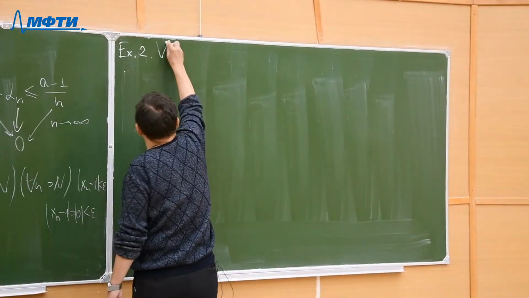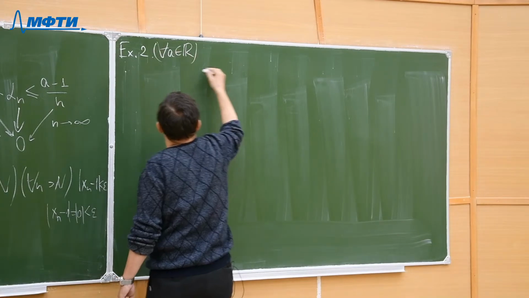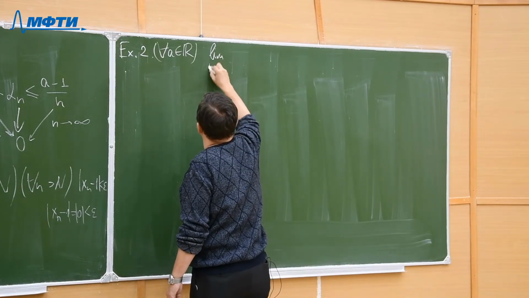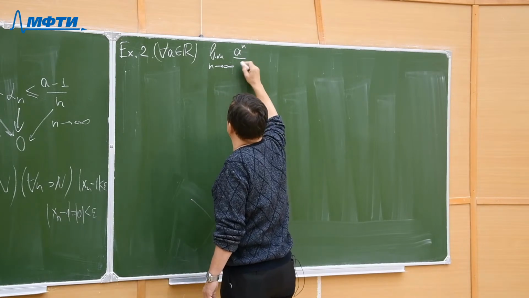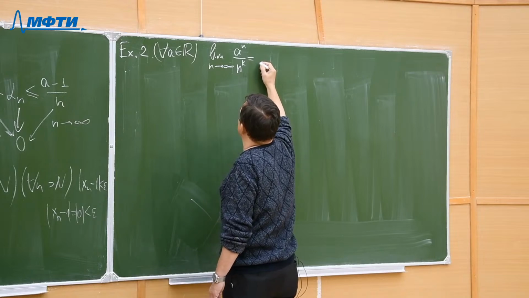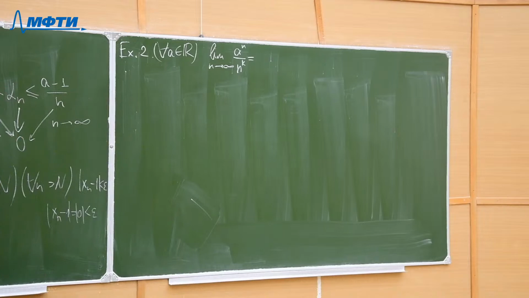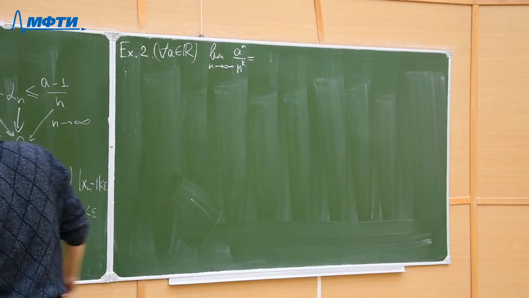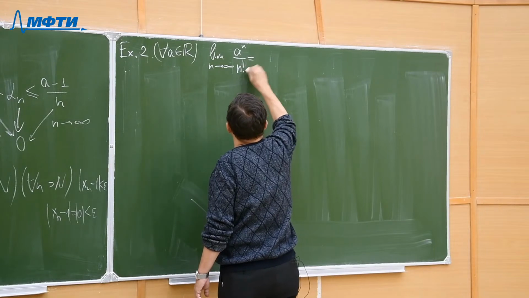For any real number a, the limit as n tends to infinity of a power n over n factorial is 0.